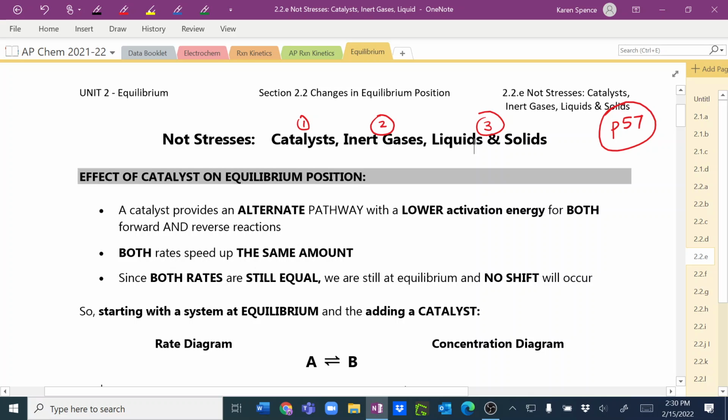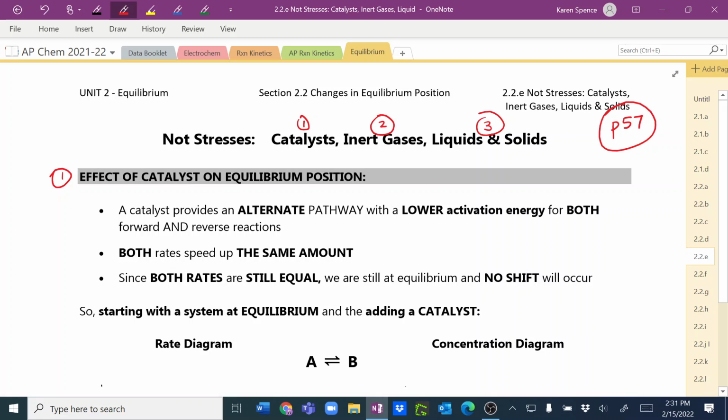Catalysts are not stresses. What does a catalyst do? It increases the rate. How does it do that? It provides an alternate pathway. So on an AP exam, you don't want to just say that it decreases the activation energy.